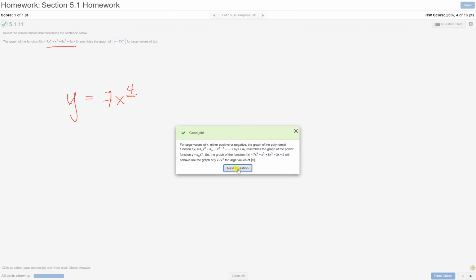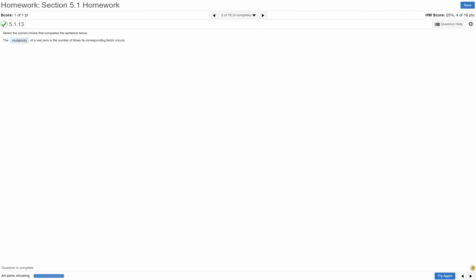Next question is similar. It's asking for the name of the thing we call it when solutions are repeated. Let me make an example. If I said y equals (x plus 1) to the third power, the solution is -1, but it's repeated 3 times, because (x plus 1) to the third power means (x plus 1) times (x plus 1) times (x plus 1).